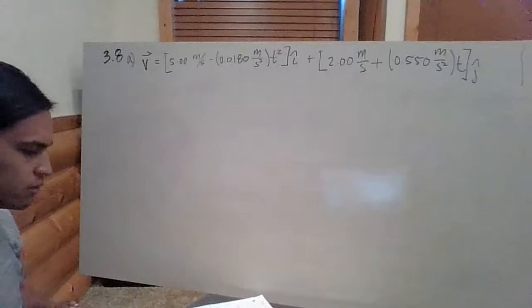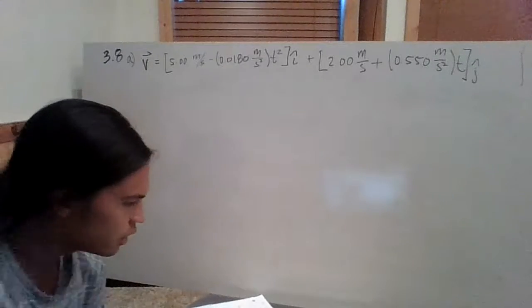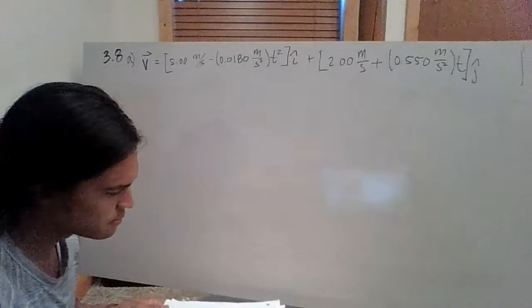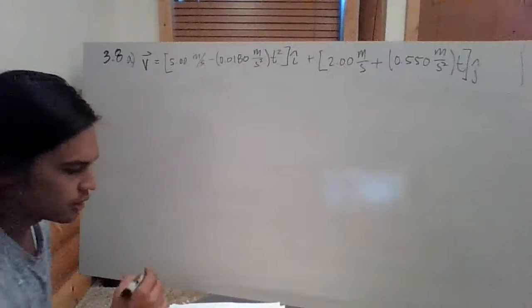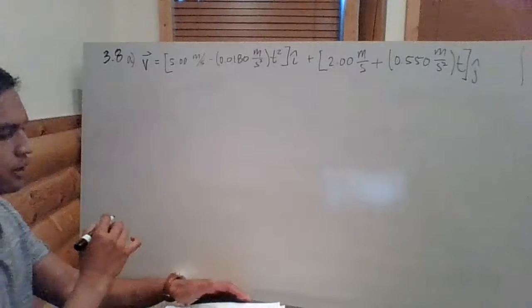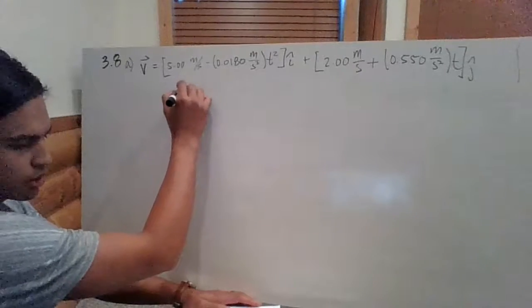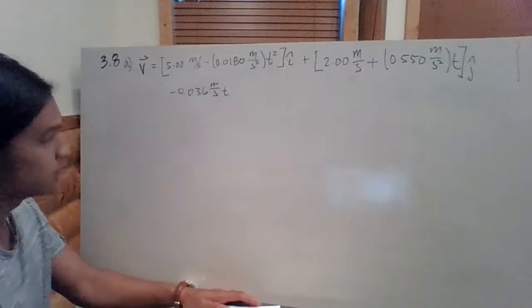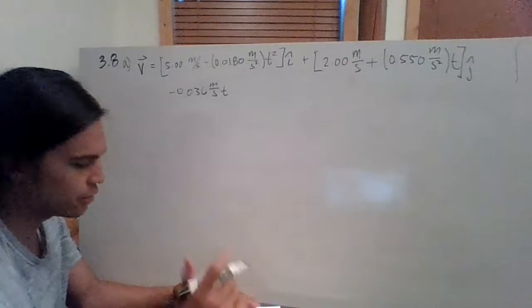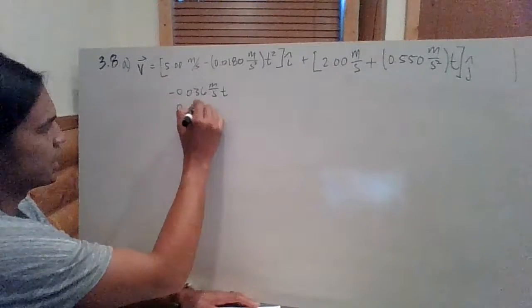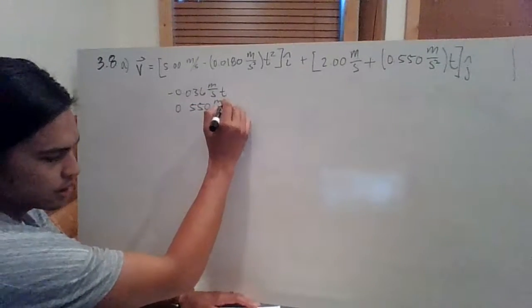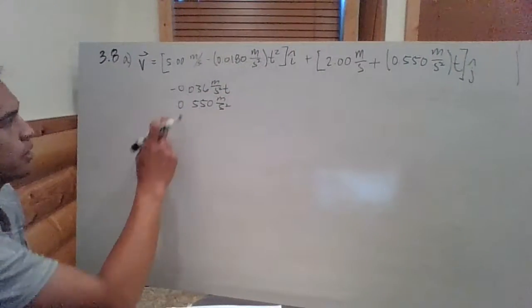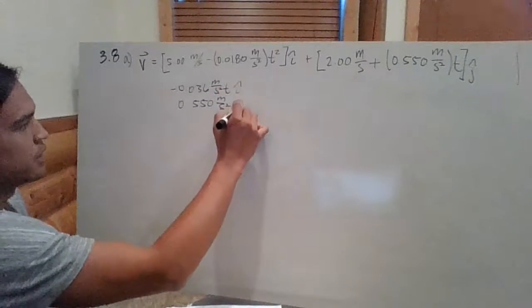So we know from what I just erased that the x direction, or i, was negative 0.036 t meters per second squared, and the j direction was 0.550 meters per second squared.